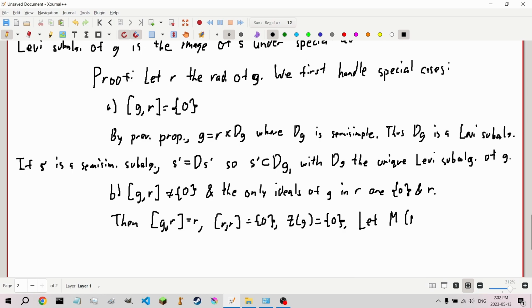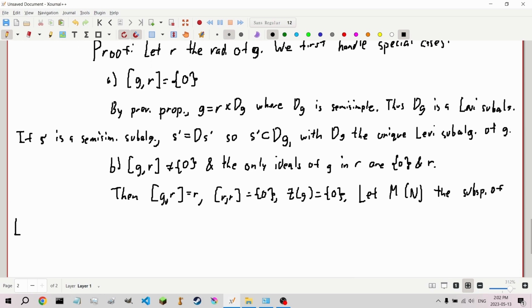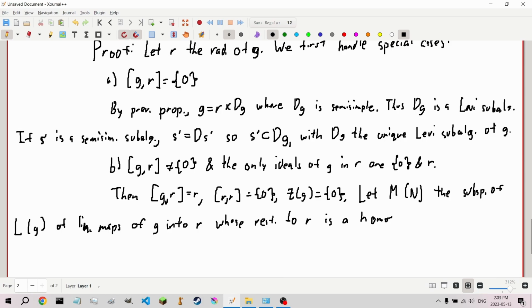Let M, respectively N, be the subspace of linear mappings of G into R whose restriction to R is a homothety, or in the case of N, just 0.